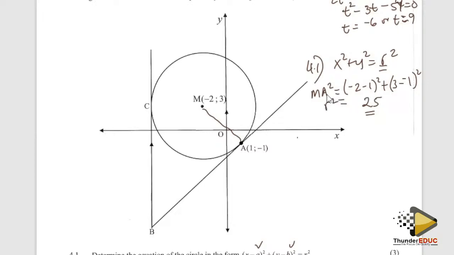So to answer 4.1, I'll say x, we change the sign, plus 2, we square that, plus with y, we change the sign also, minus 3 squared is equal to 25. So that is 4.1. Then 4.2, they want the coordinates of C. Where is C? C is here.